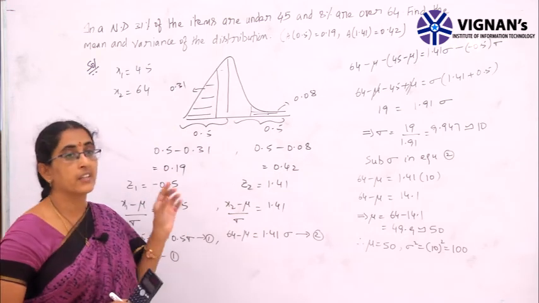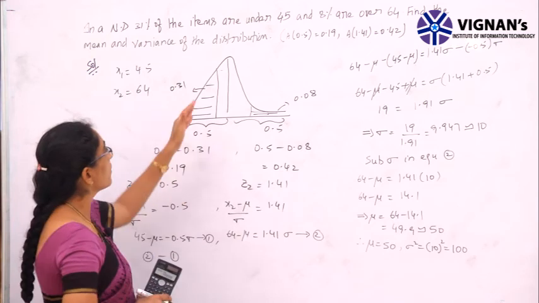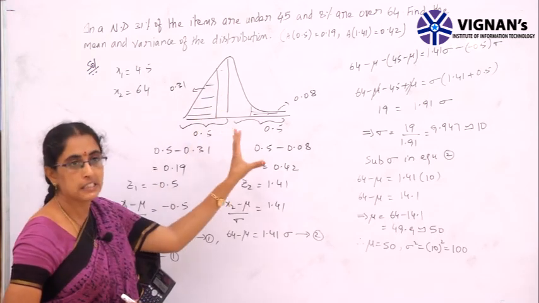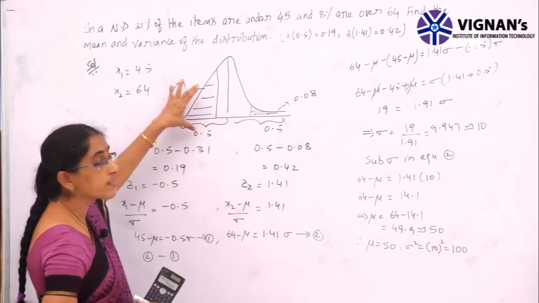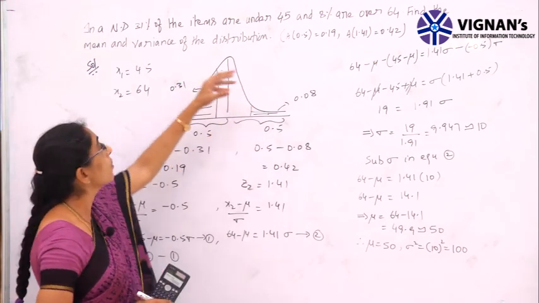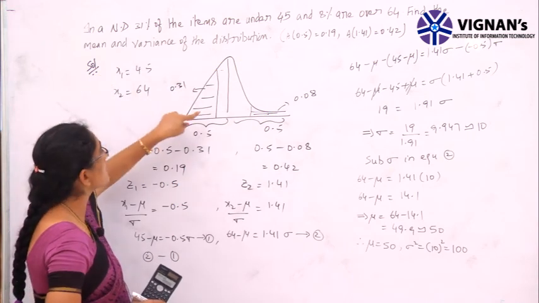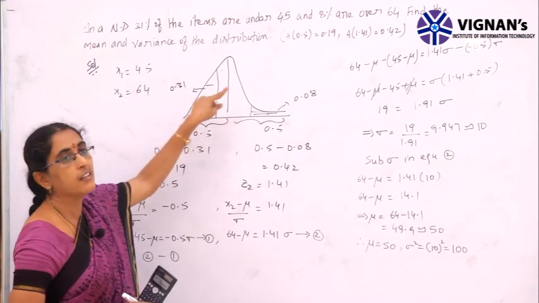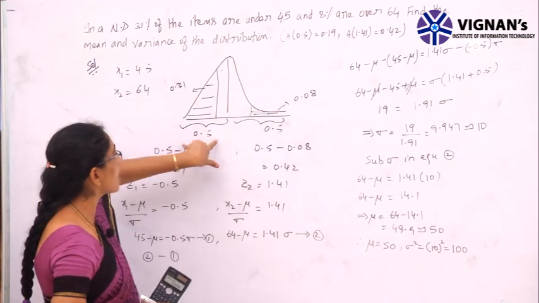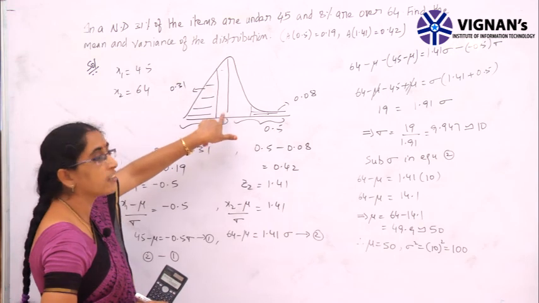So in this way, if the random variable and the probability of random variable is given, first we have to consider a normal curve. Under means always less than, that is left side; over means greater than. First identify the random variables x1 and x2, then consider the probabilities on the left side and right side. From the area of the left side as 0.5, identify the remaining value.